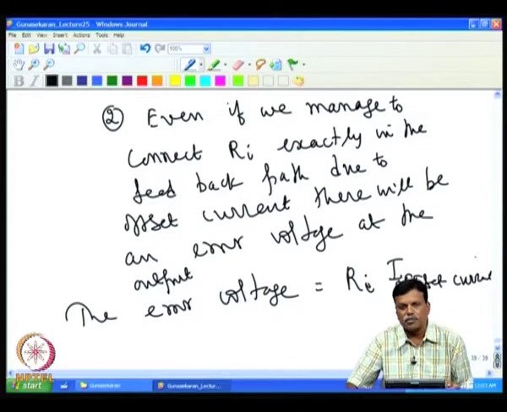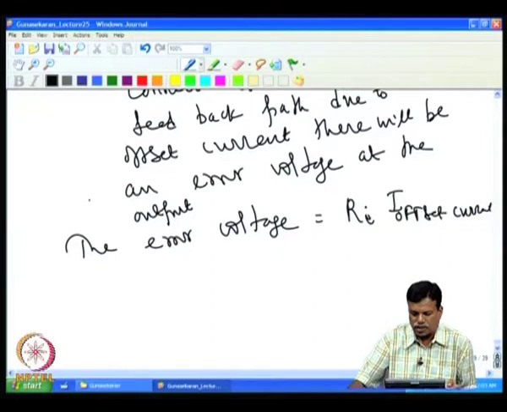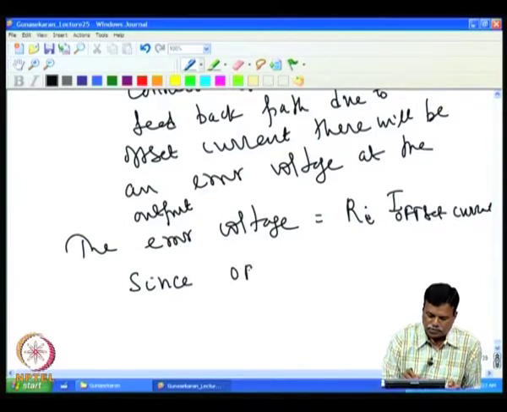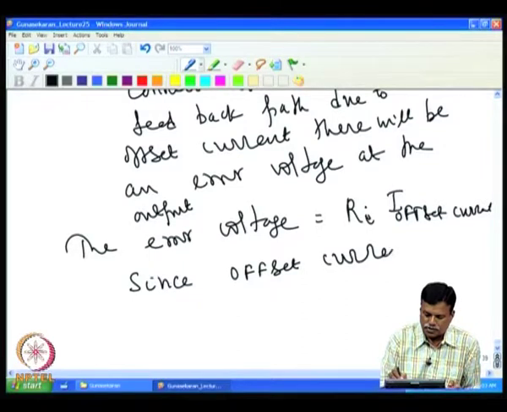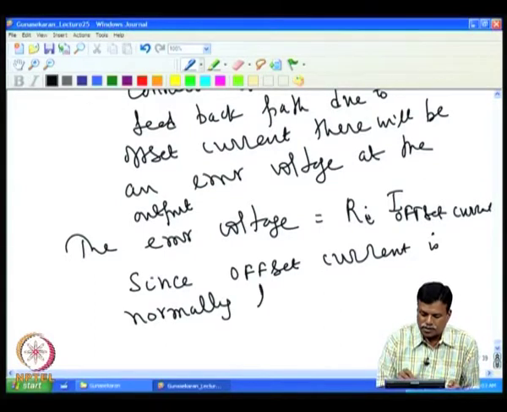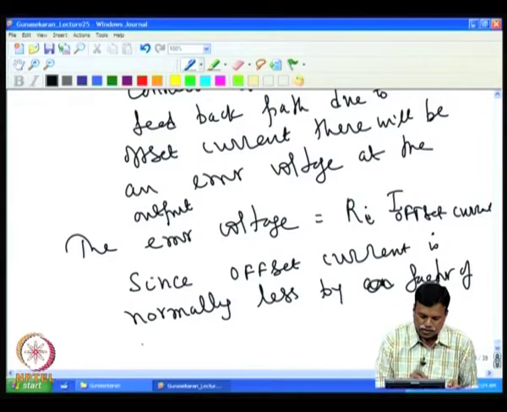Normally, offset current will be one order of magnitude less than the bias current, by a factor of 10.